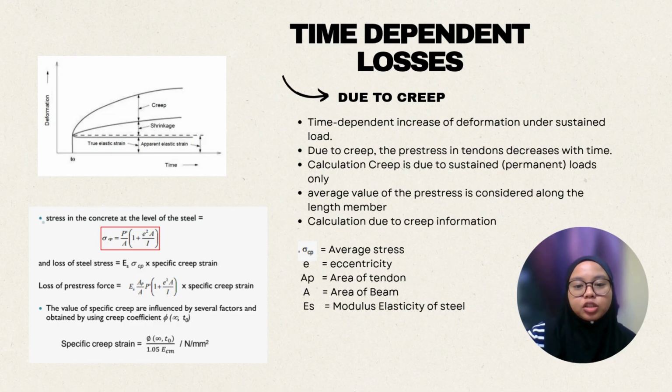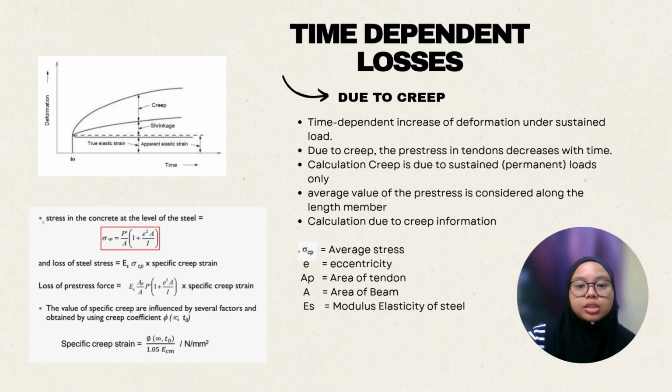Next, creep is due to sustained permanent load only, where temporary loads are not considered in the calculation of creep. Since the pre-stress may vary along the length of the member, an average value of the pre-stress is considered. The pre-stress change due to creep is related to the instantaneous pre-stress, so we must consider this interaction, and the calculation of creep can be iterated over small steps.